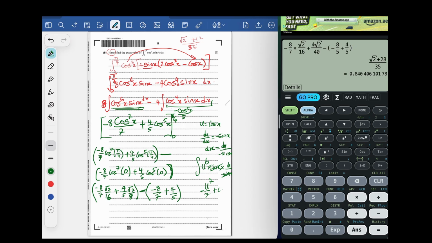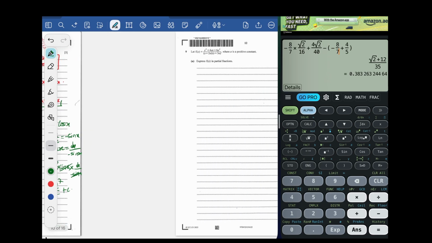Okay, 8 by 7. Yeah, that's my answer. So this gives me root 2 plus 12 over 35. Now it's very important, whenever you have limits, always check your answers. You see I almost went wrong because I wrote 5 instead of 7. So this is my answer to the paper.